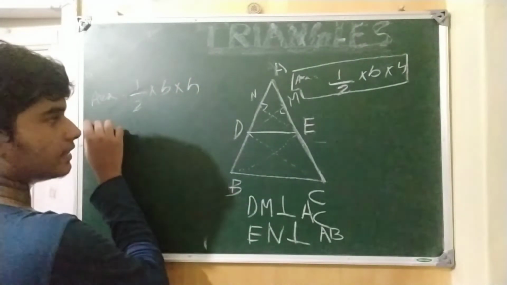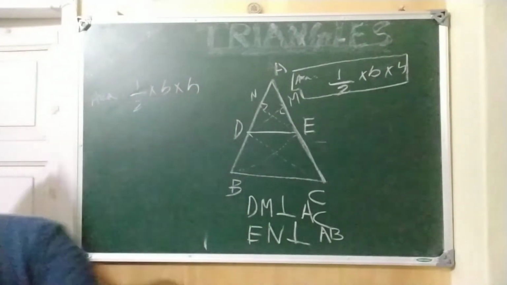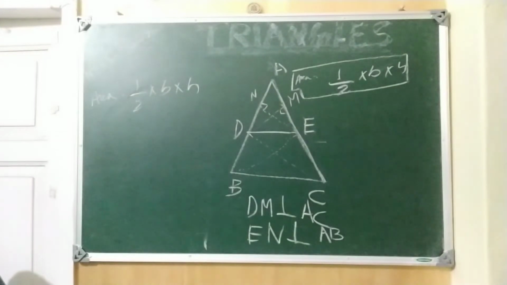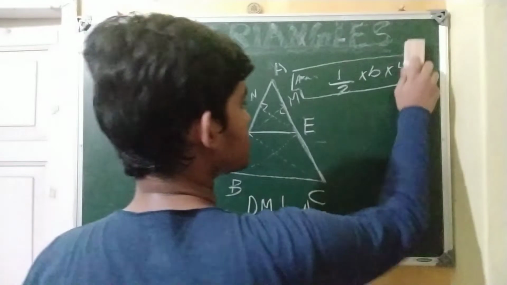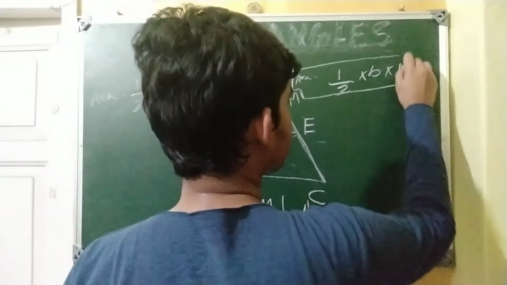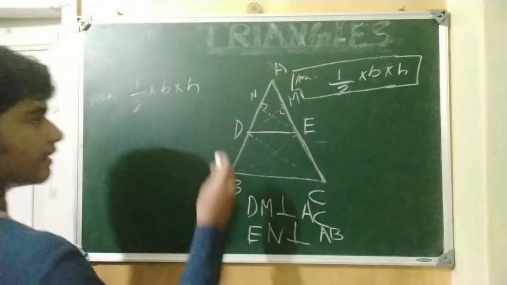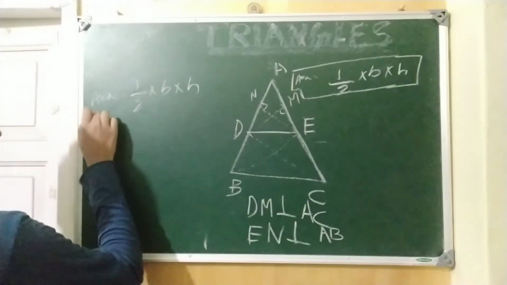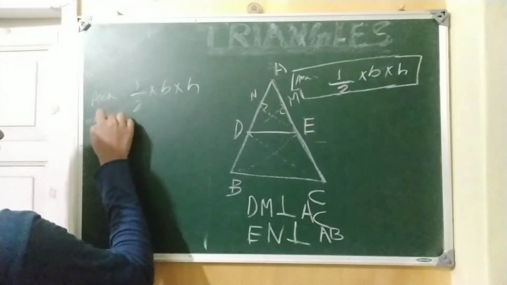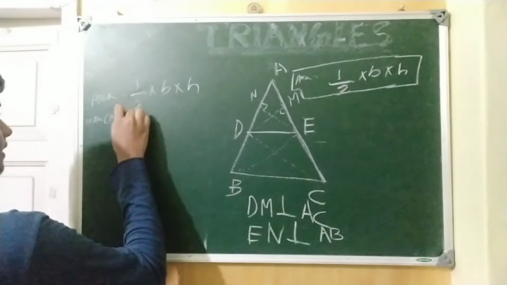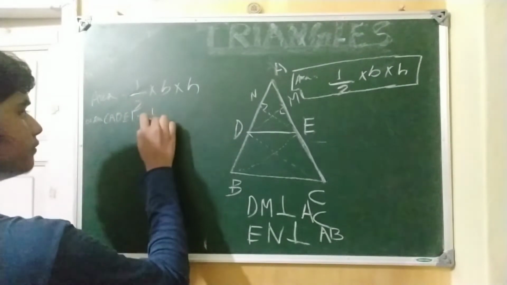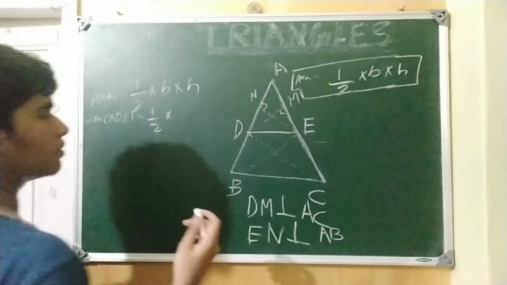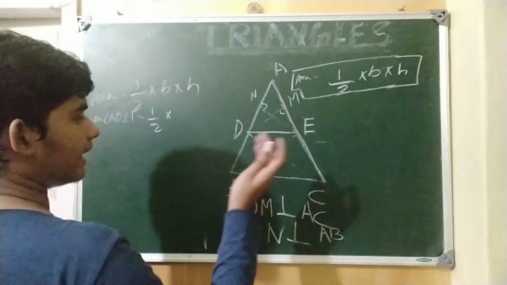Let's say the area of ADE is equal to half into, so obviously we need a base for ADE.